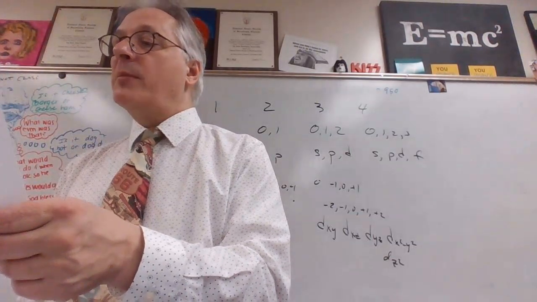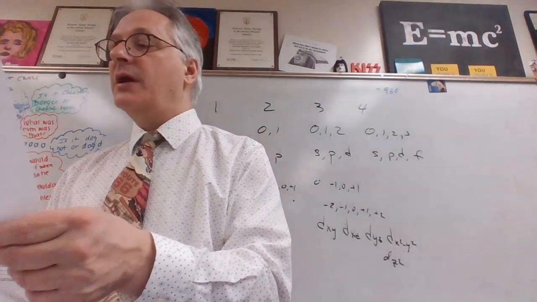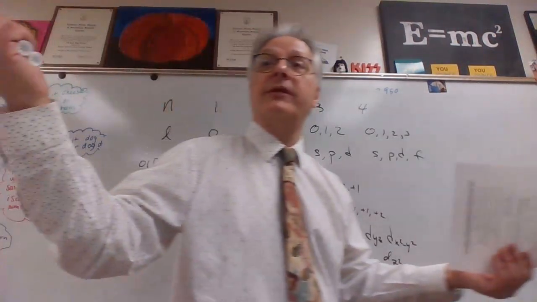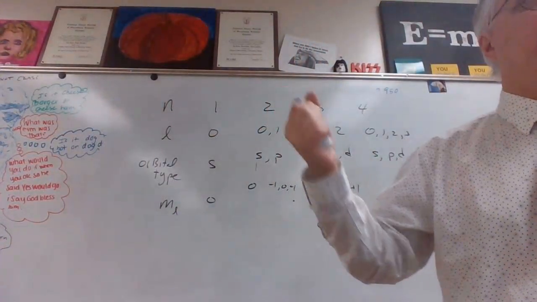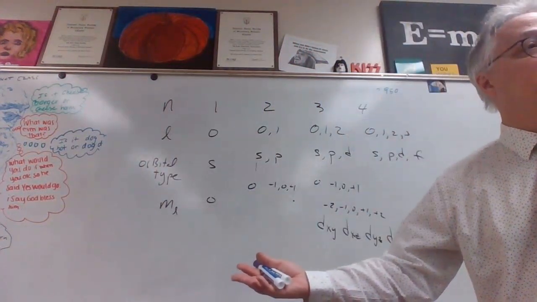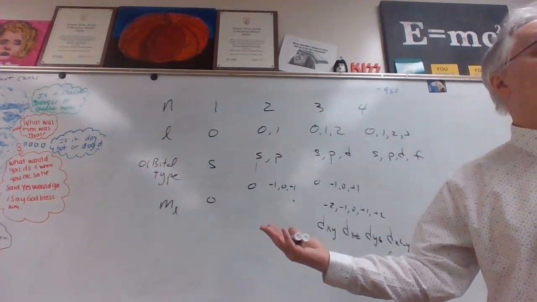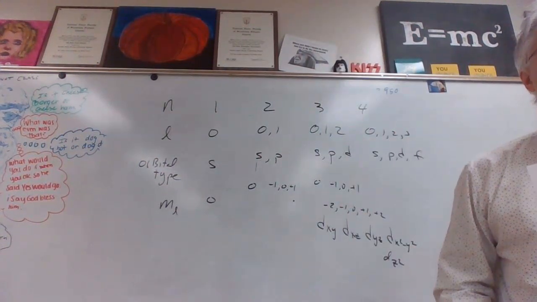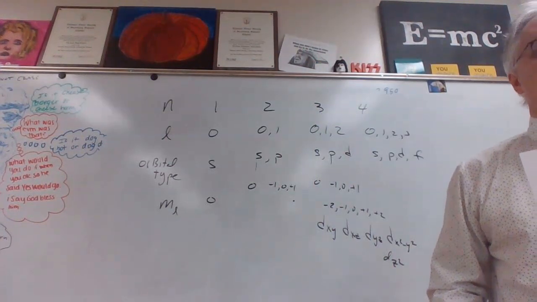The possible angular momentum, magnetic, and electron spin quantum number. Well, it's an s orbital. So what is the angular momentum quantum number for that? 0, right. So what's the possible magnetic quantum number? 0. And what about spin? Either I could have a plus 1/2 or minus 1/2.